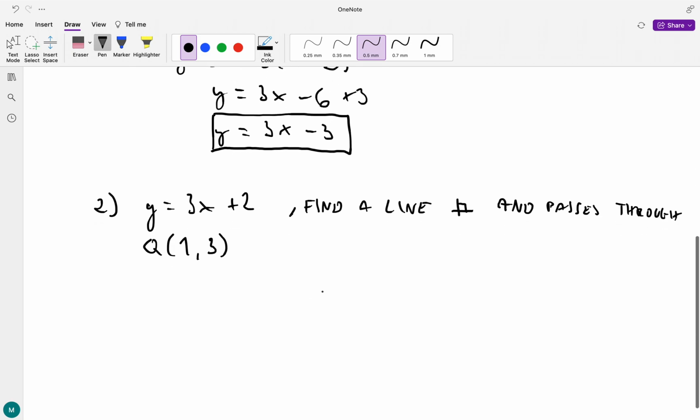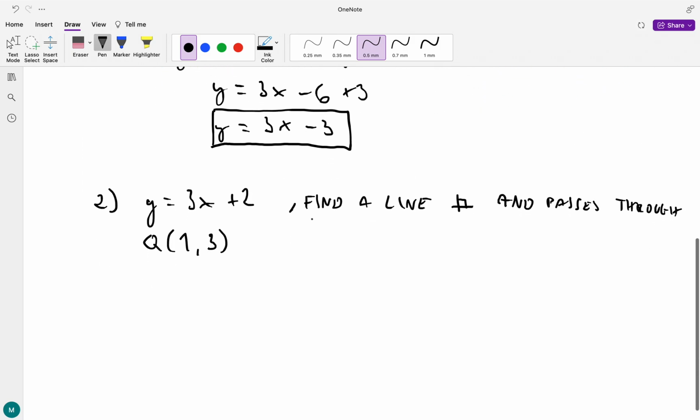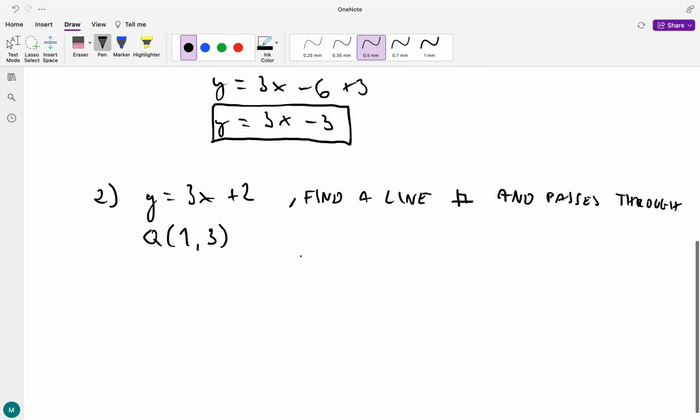When it comes to a perpendicular line, always remember, start with finding the slope of the line that's perpendicular to your original line. How do you do it? You find the negative reciprocal. So if m1 is equal to 3, then m2 will be equal to -1/3. And that automatically makes the second line perpendicular to our y equals 3x plus 2.